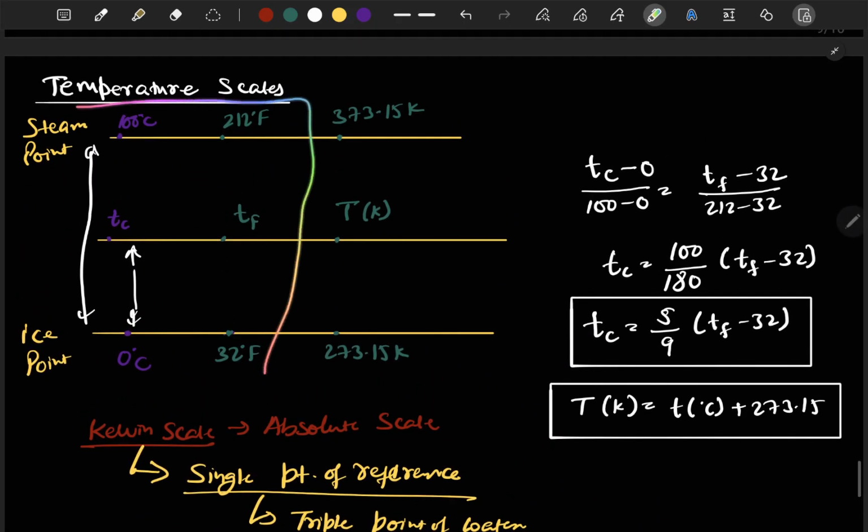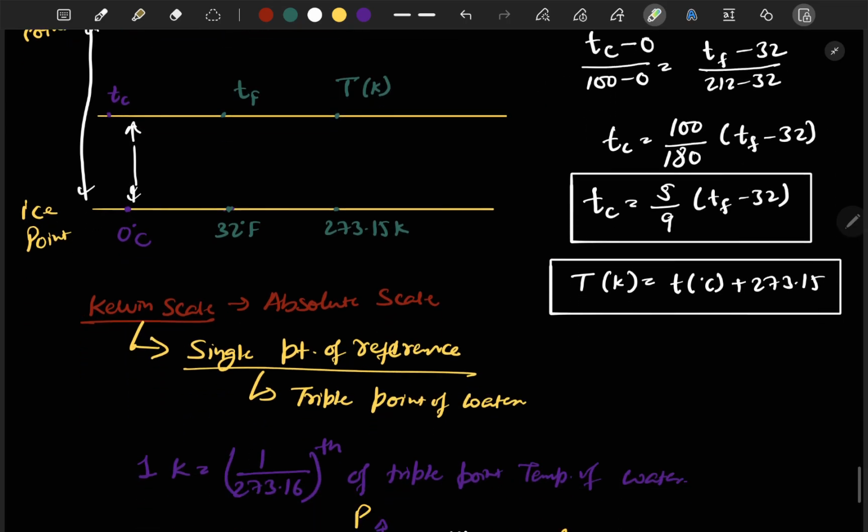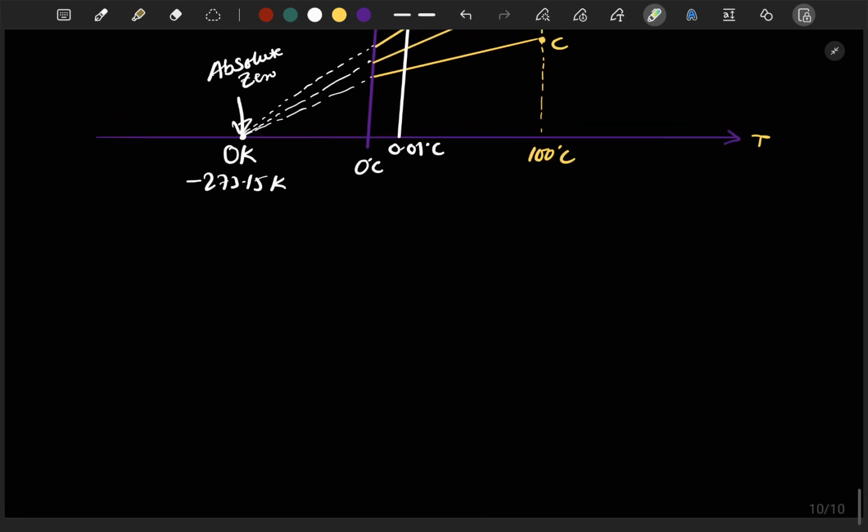There are many questions where you will be provided with a random temperature scale and asked to correlate both of those scales. You will use these tactics to overcome your difficulties there, and you can directly get the answer.